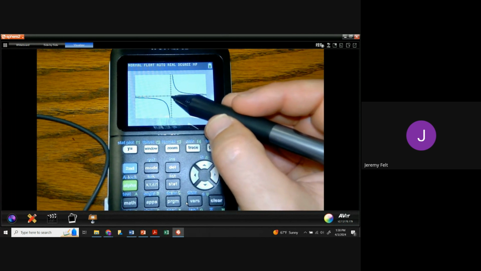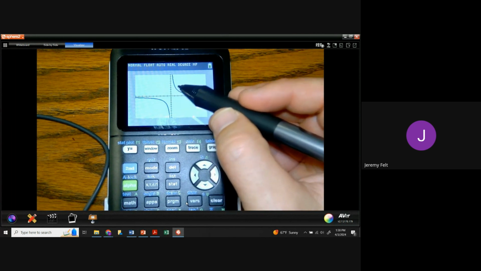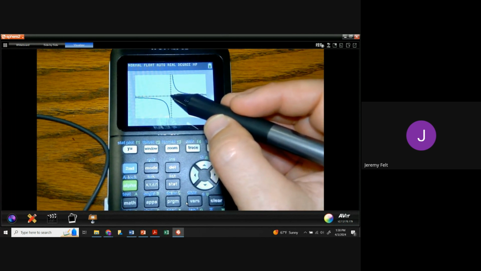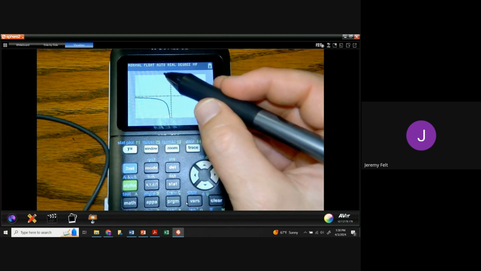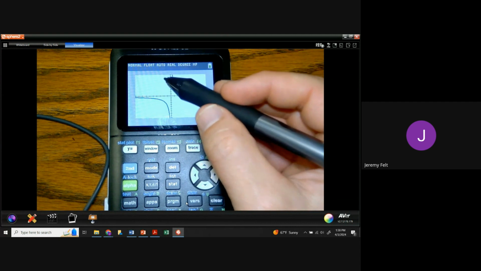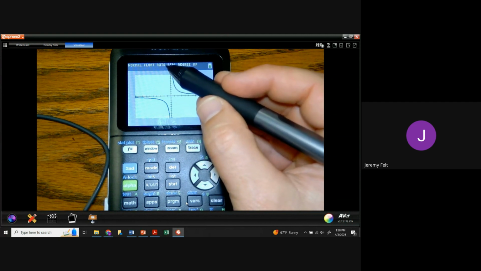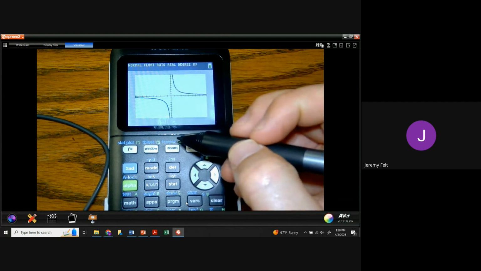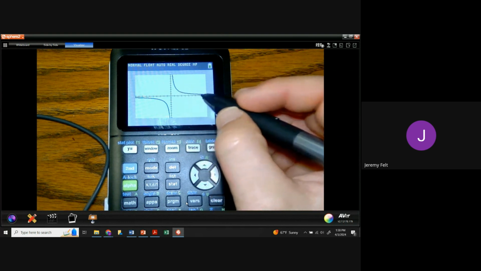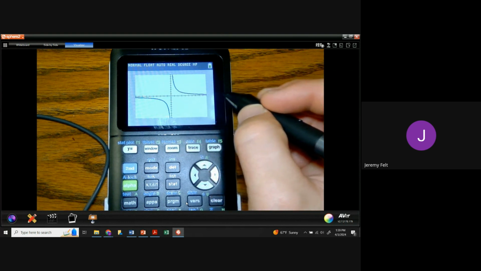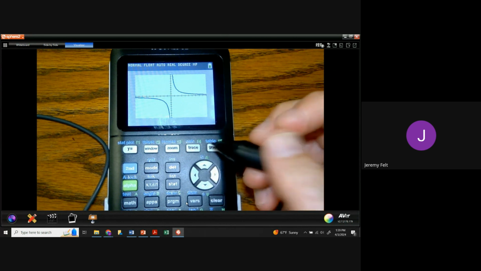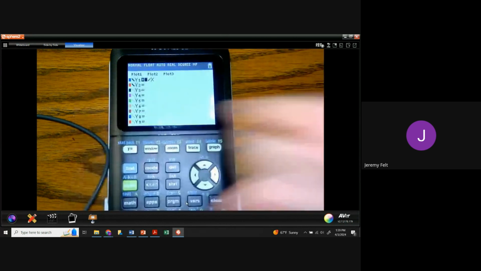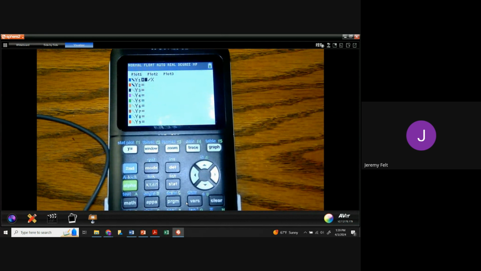As x gets closer to 0, we can't divide by 0, so it's never going to be 0. We could take it all the way up to y is a billion, a trillion, whatever. It's going to get closer and closer, but it's never going to cross this axis. Same thing here. It's going to continue out infinitely this way, but it's never going to cross down into this quadrant.